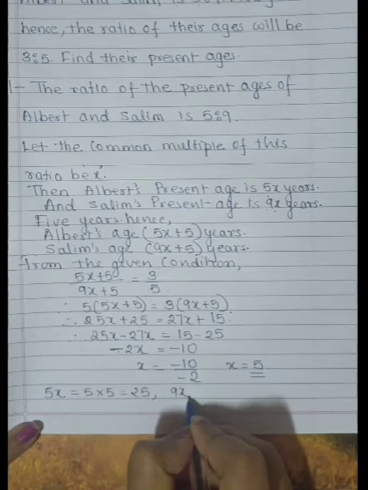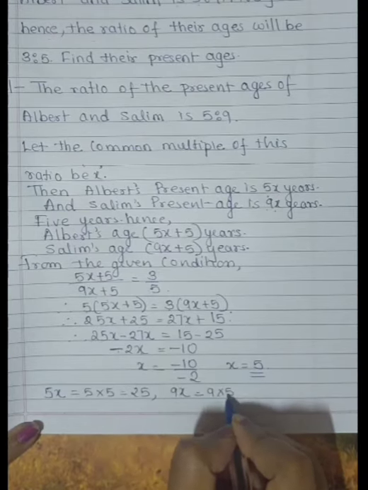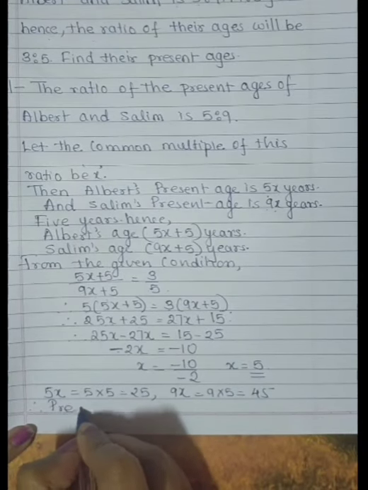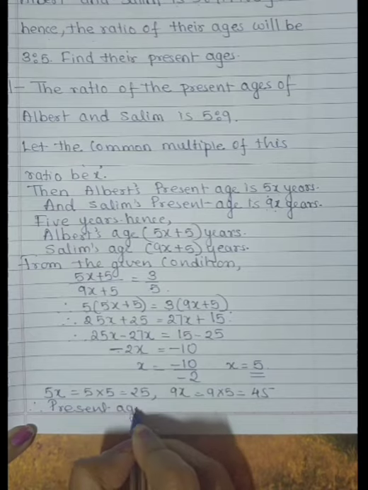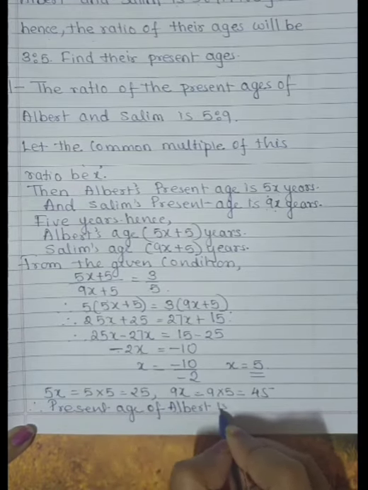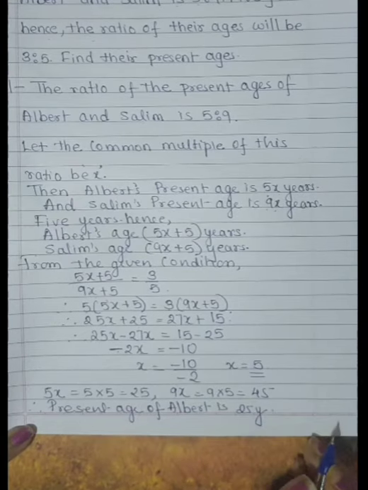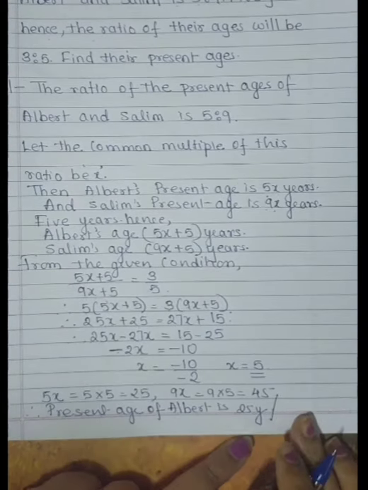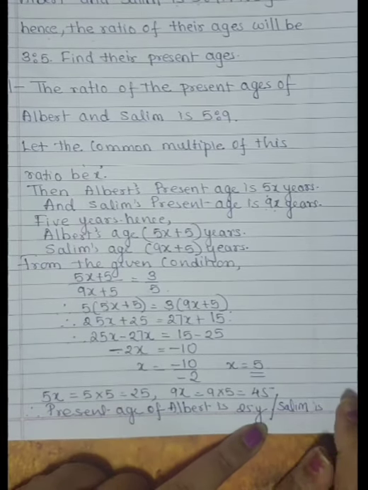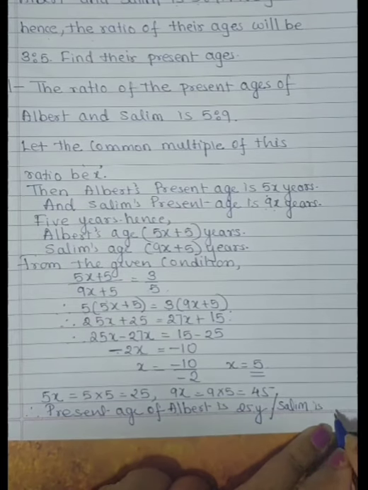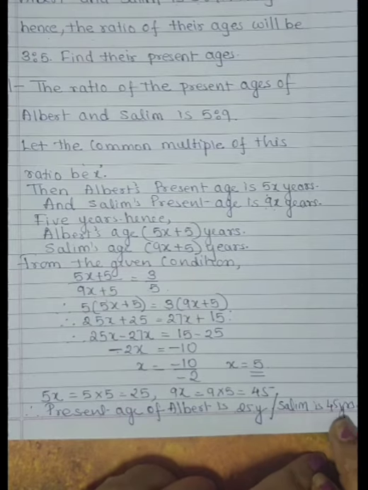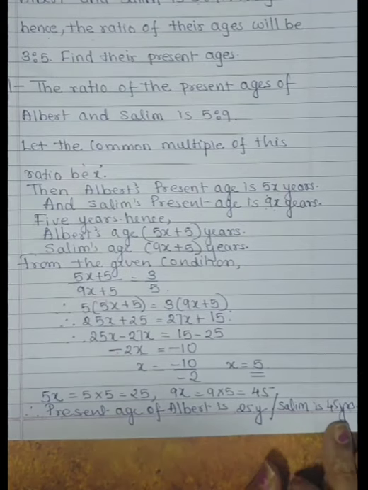Okay, 9x equal to 9 into 5 will get 45. So therefore the present age of Albert is 25 years and Salim is 45 years. Okay, I hope you understood.